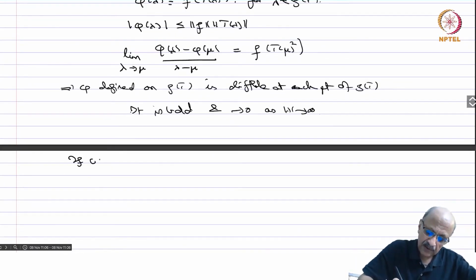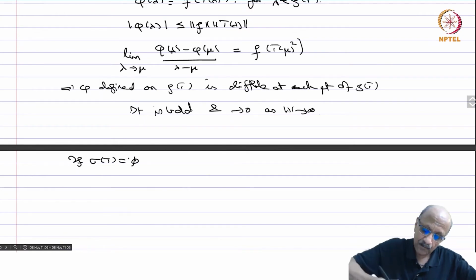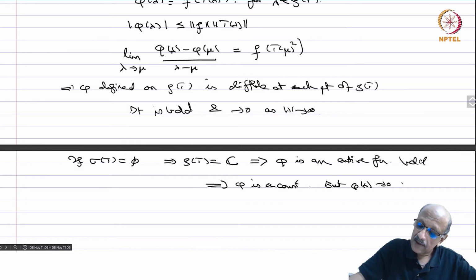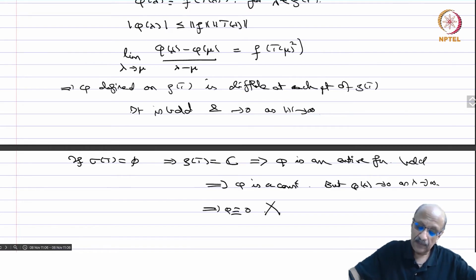So if sigma T is empty, this will imply that rho T equals whole of the complex plane, and this will imply that phi is an entire function which is bounded, and by Liouville's theorem this means that phi is a constant, but phi lambda goes to 0 as lambda tends to infinity, and therefore this implies that phi is identically 0.